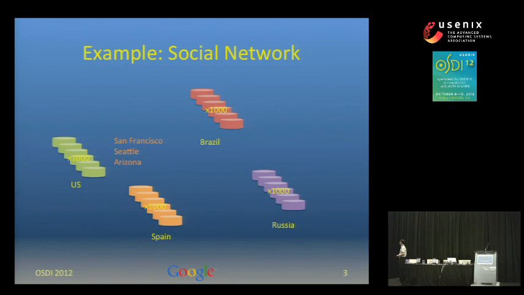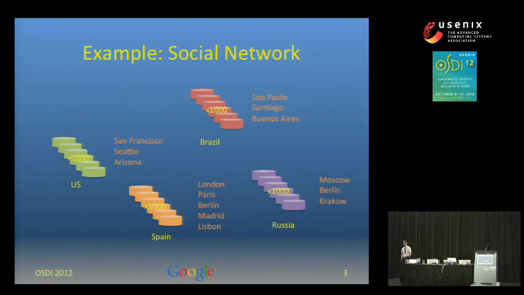So we might replicate the data in the US 3 ways, Brazil 3 ways, Russia 3 ways, and Spain 5 ways. All this is client application configurable. So we want to store data across thousands of machines, tens to hundreds of data centers, millions of database rows. That's sort of the scale we're talking about here.